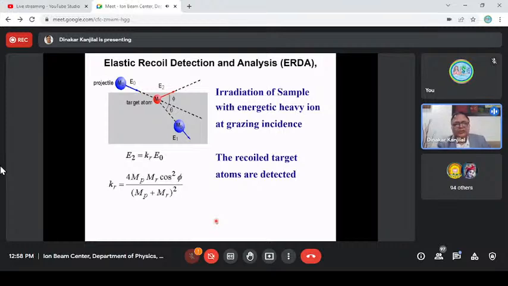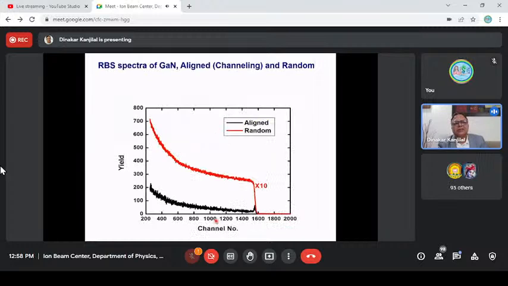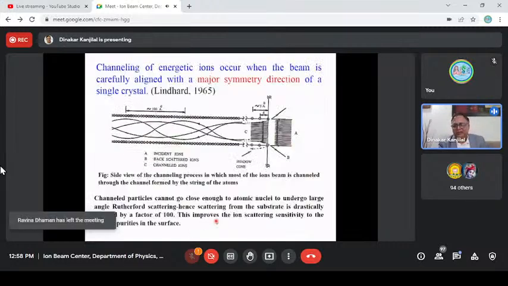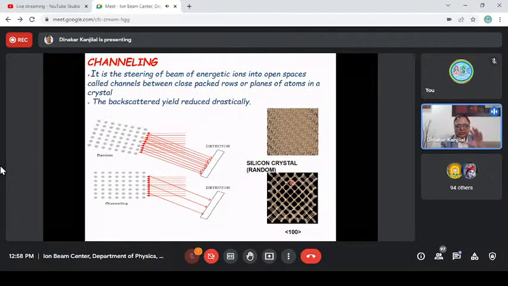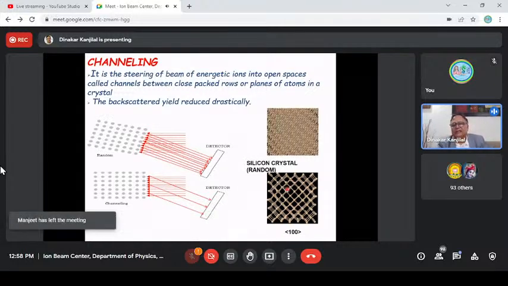But what is the beauty? Channeling happens, it is fine. The beauty is that if you have any atoms inside the channel, an interstitial, you can immediately see. If there is a defect, one atom is moved, you can see the channeling disturbed. And so you can define this channeling axis, and then finally find where the defects and impurities are, at what level they are there.